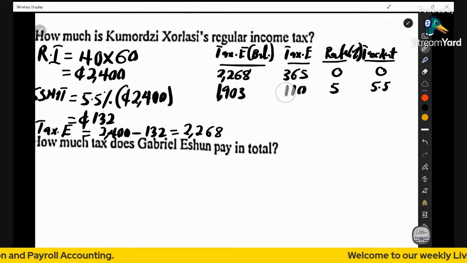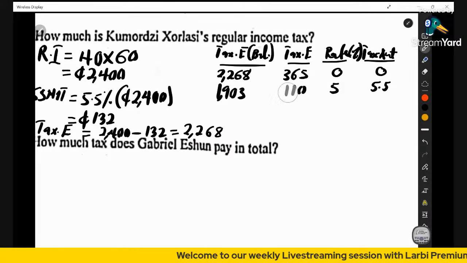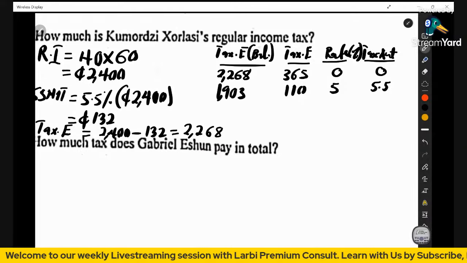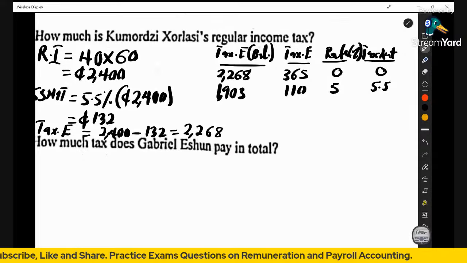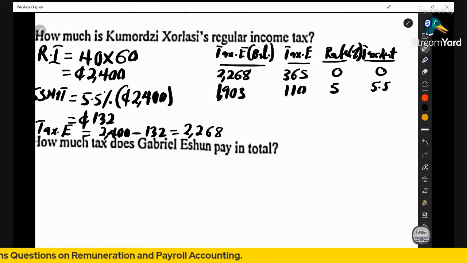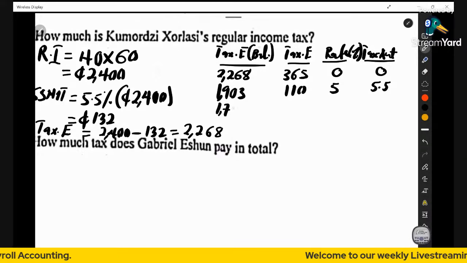So for the next tax schedule, you subtract 110 from the balance, so that we get to know the balance from the total amount that is left, so that we can continue to pay the tax on the balance as the taxable earning. So you must subtract 110 from 1903. In my case, I had 1793, right?